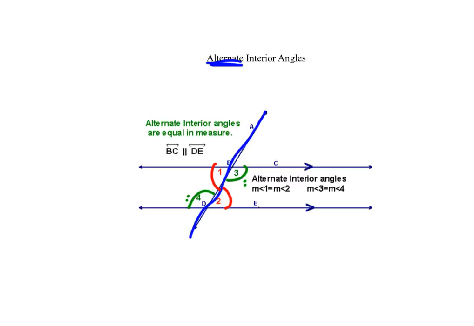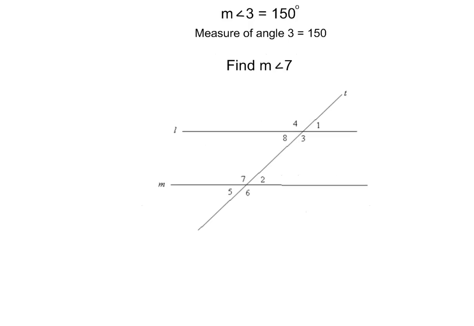And this allows us to solve, because we can use the fact that alternate interior angles are congruent to solve for angles. If I know that the measure of angle 3 is 150 degrees, I can label that here. Angle 3 is 150 degrees right here. I can use the alternate interior angle theorem to tell me the angle measure of angle 7.